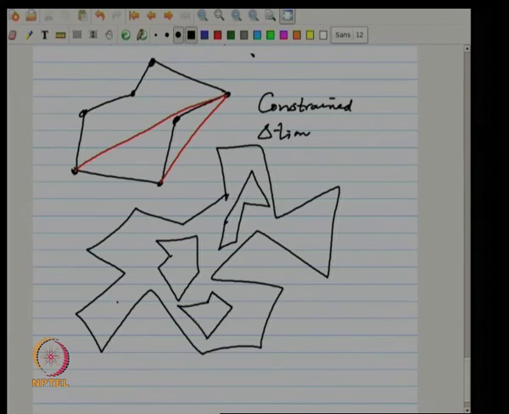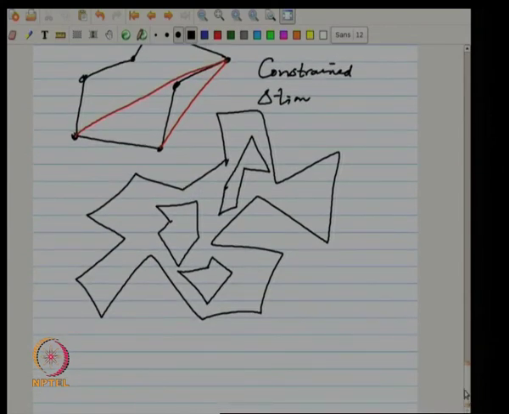Again, when I triangulate, I must make sure that the edges that I introduce for triangulation do not intersect the original edges. So, we will actually take up this more general case, and we will treat a polygon with holes as essentially a set of non-intersecting line segments.